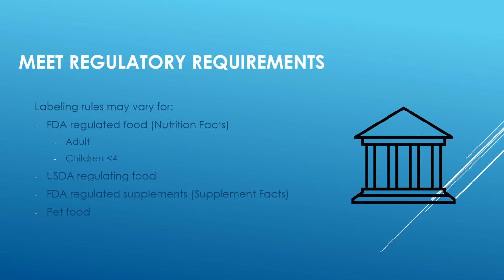This webinar is really going to focus on FDA regulated food for adults, and not so much for children under 4, because children under 4 will have a slightly different nutrition fact panel. But other than that, the rules are pretty much the same.